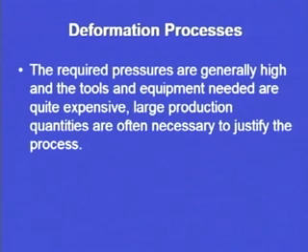The required pressures are generally high and the tools and equipment needed are quite expensive. Large production quantities are often necessary to justify the process. Now, the equipment in case of metal forming processes is of high cost. But it is not that all the equipment or all the processes incur very high cost.